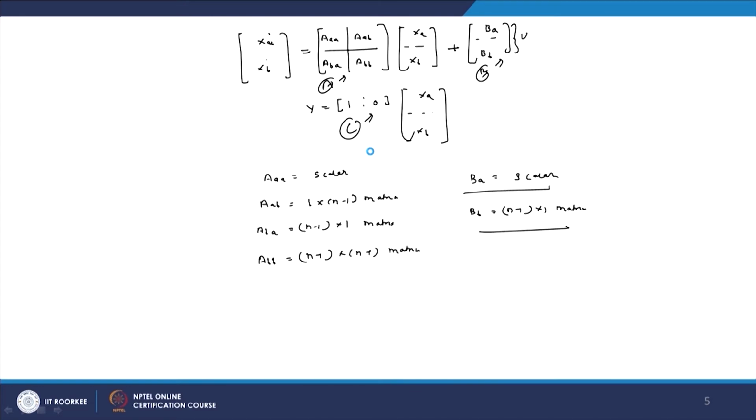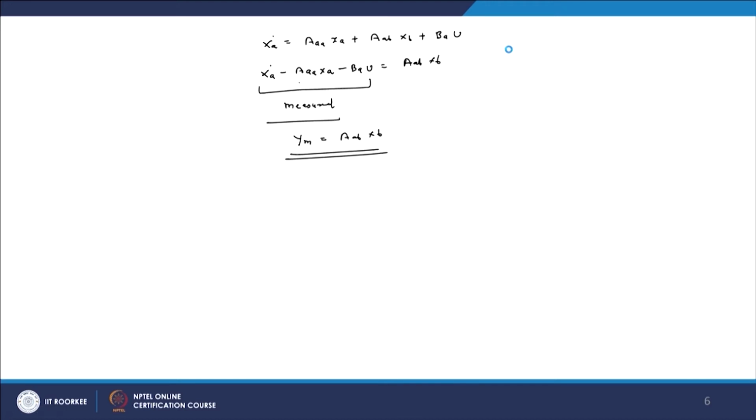Now, from this equation XB dot equal to ABA into XA plus ABB into XB plus BB into U, that indicates the unmeasured portion of the state equation.